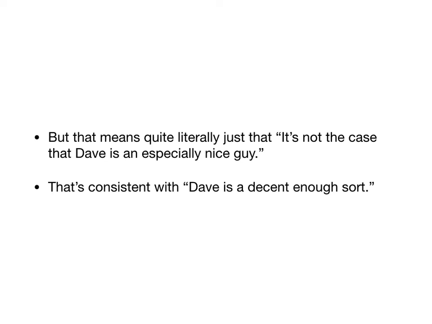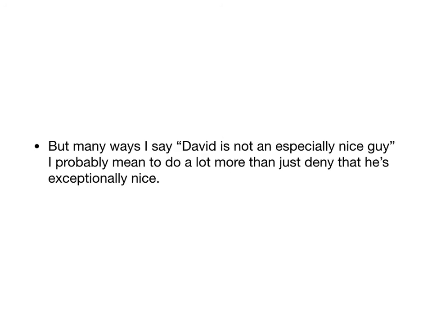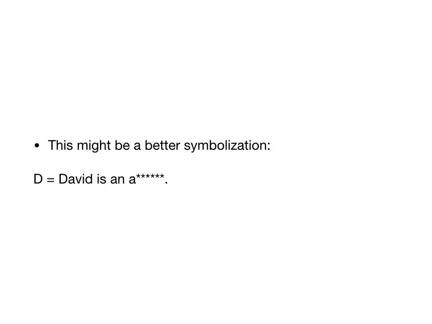That would be an odd question because I'm definitely implying that he's a jerk, even though the literal statement doesn't say that, right? So I probably mean to do more than just deny that he's a really nice person. I'm probably implying something a lot stronger.